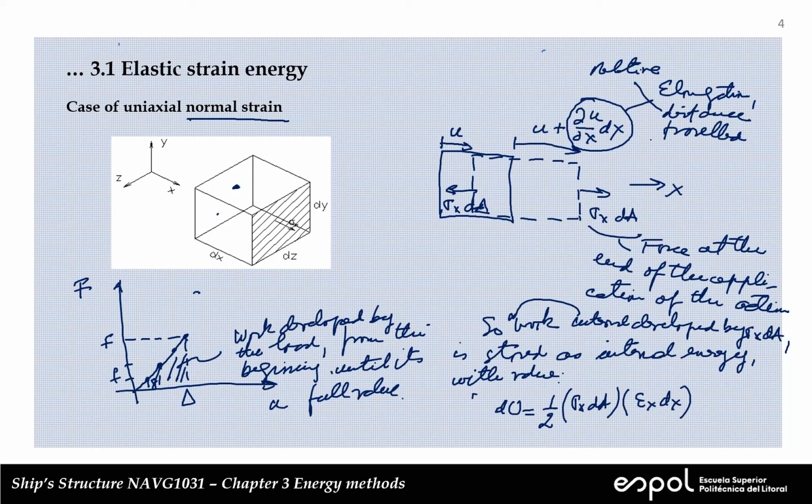Here we have du dx, and du dx is equal to epsilon x. So this is equal to 1/2, and we have dA and dx, that's the differential of the volume. So it's going to be equal to 1/2 sigma x epsilon x dV.